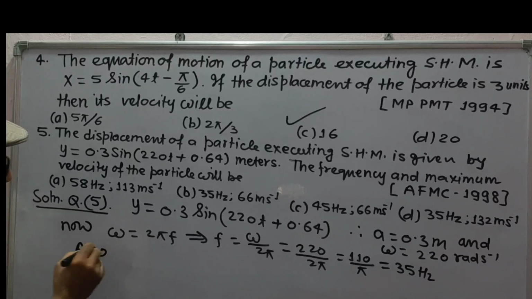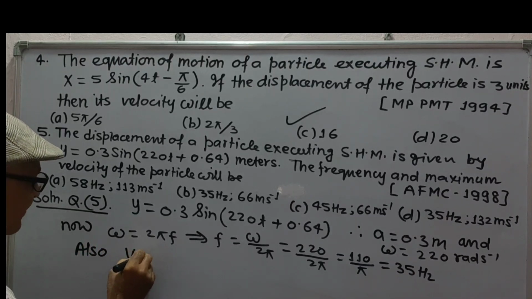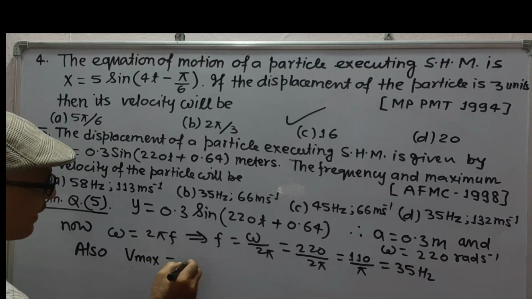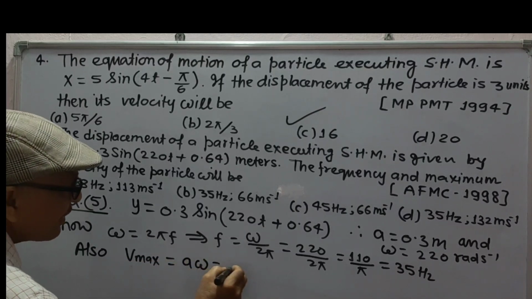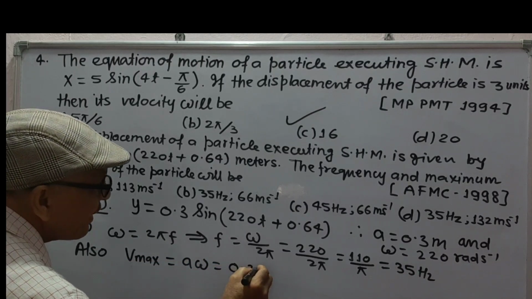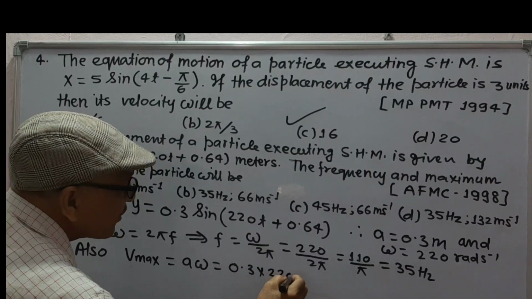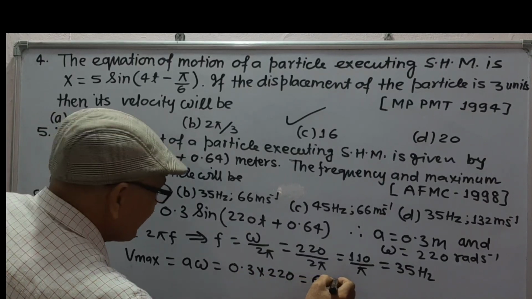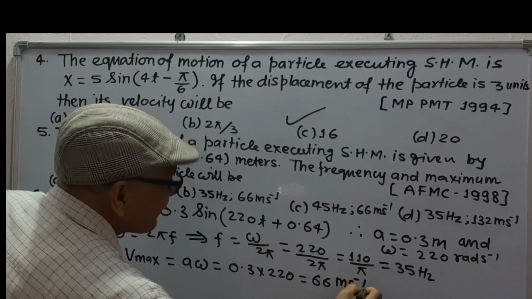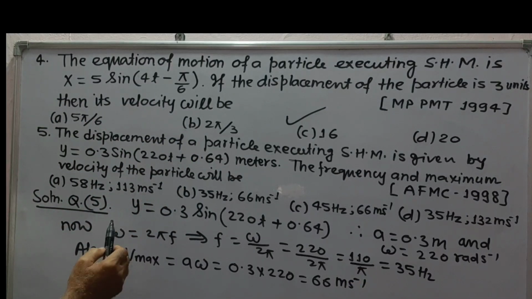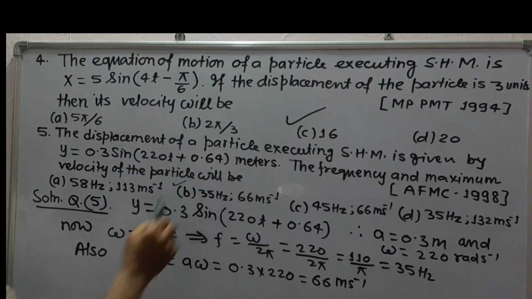Also, v max will be equal to A into omega, 0.3 into 220 means 66 meter per second. So the correct option will be B. Frequency is 35 hertz and maximum velocity is 66 meter per second.